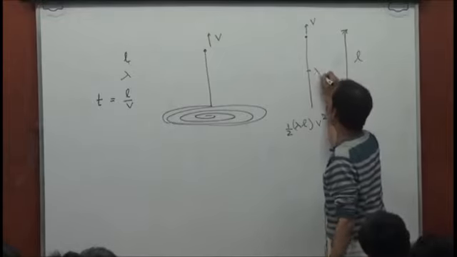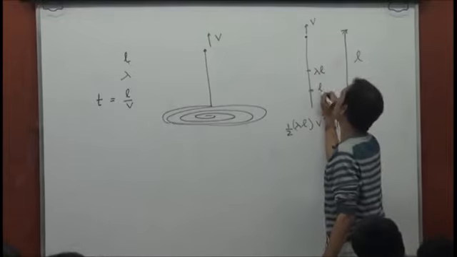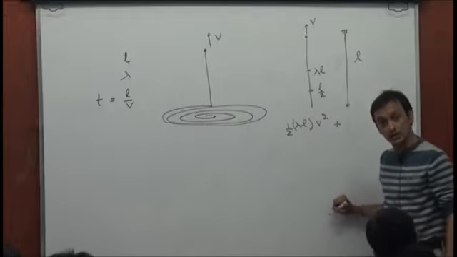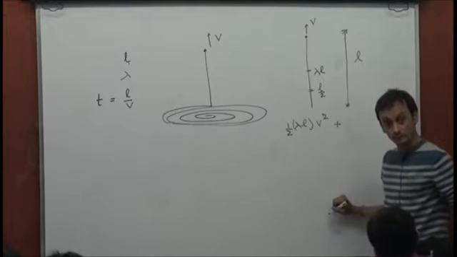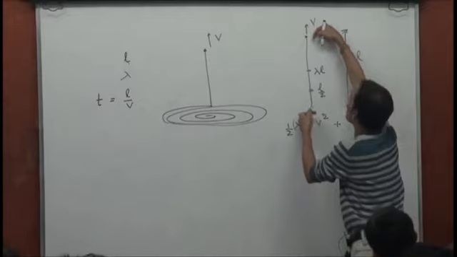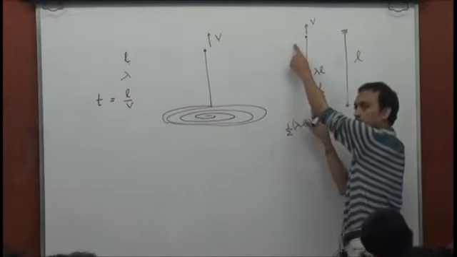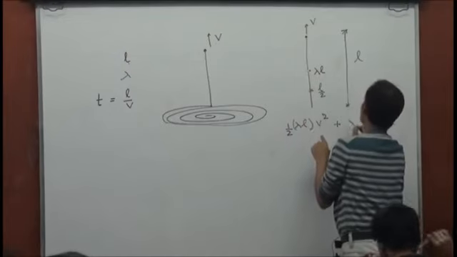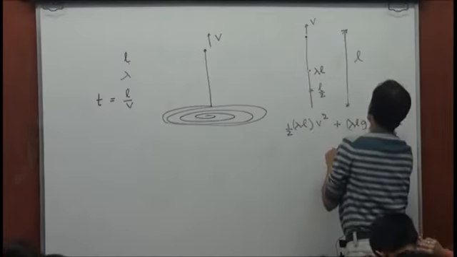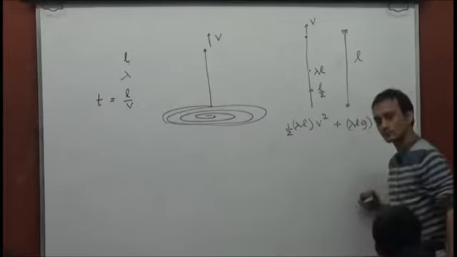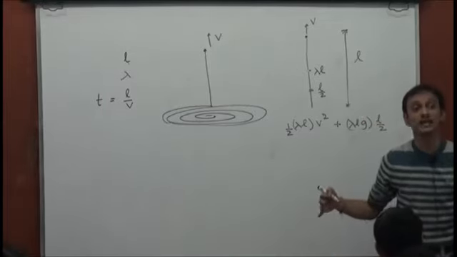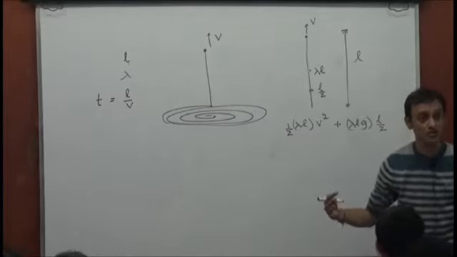That means the entire mass lambda L is concentrated at a height L by 2 above the ground. You can replace this by one single point mass halfway between the bottom and the top. So mgh is lambda L into g into L by 2. That's the energy added to the system.